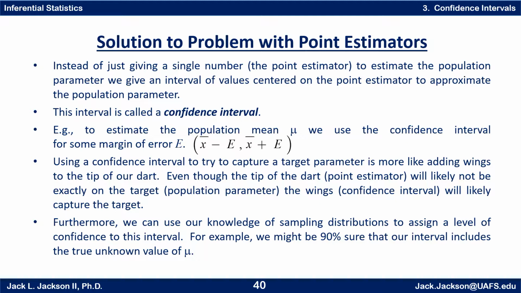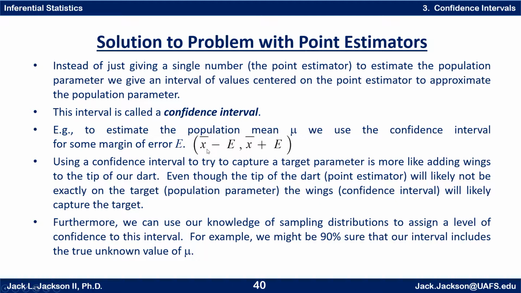So using a confidence interval to try to capture a target parameter is more like adding wings to the tip of our dart. Even though the tip of the dart, the point estimator, will likely not be exactly on the target, the population parameter, the wings, the confidence interval, will likely capture the target. In other words, the true mean is likely, we hope, to be somewhere in this interval.